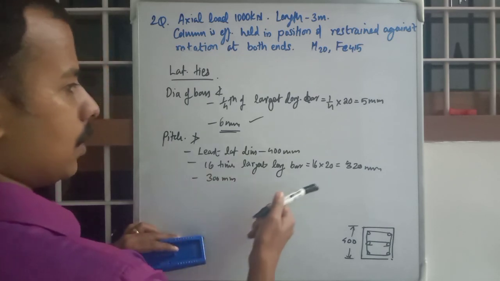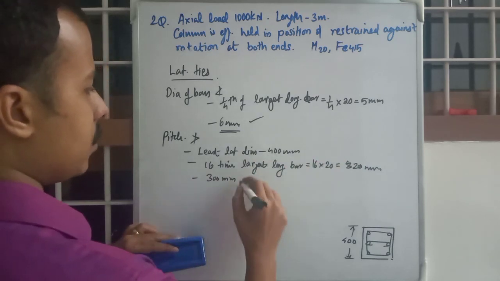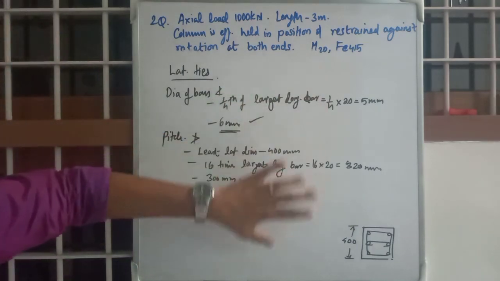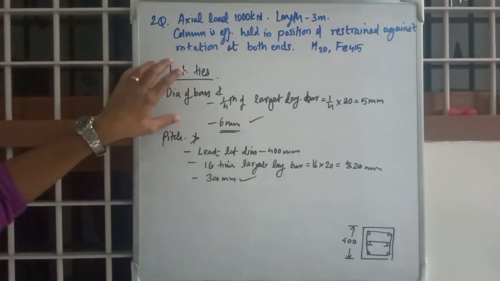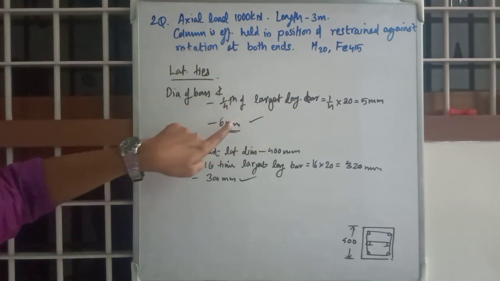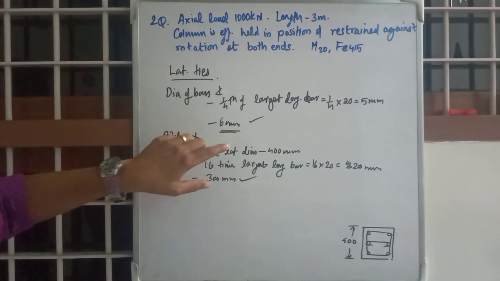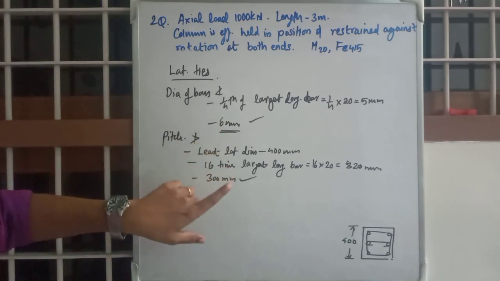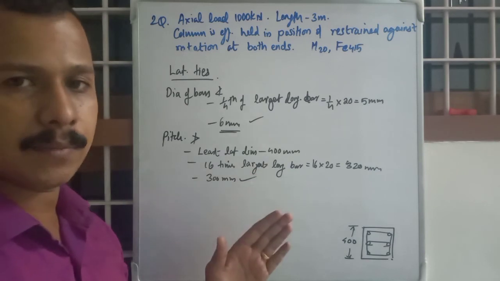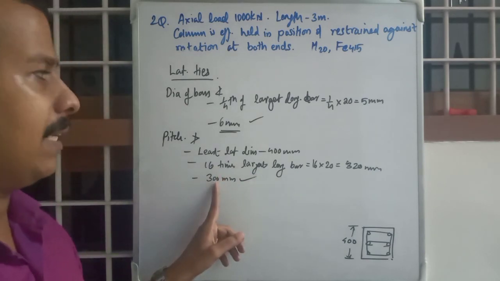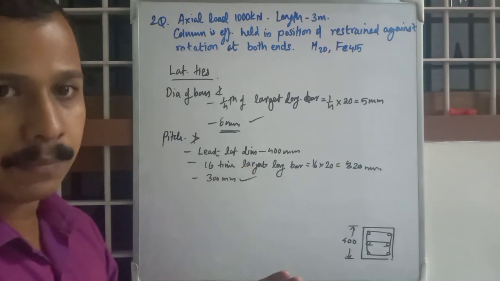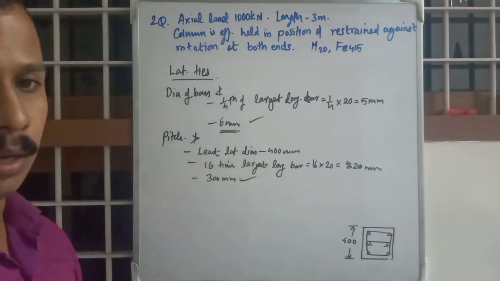So the least of these values, that is 300. You need to understand the difference. For diameter, it is a minimum value, and we don't want to decrease diameter, that's why we took the largest value. For spacing, we don't want to increase spacing, so we take the least value.